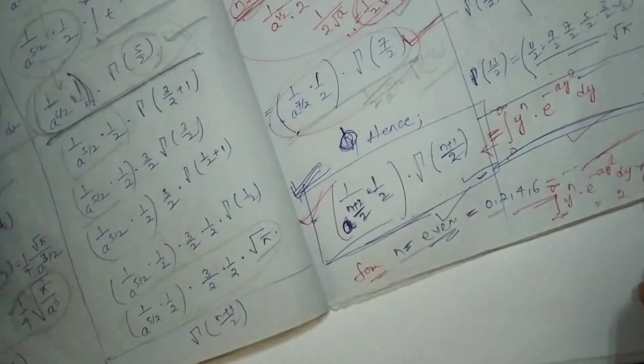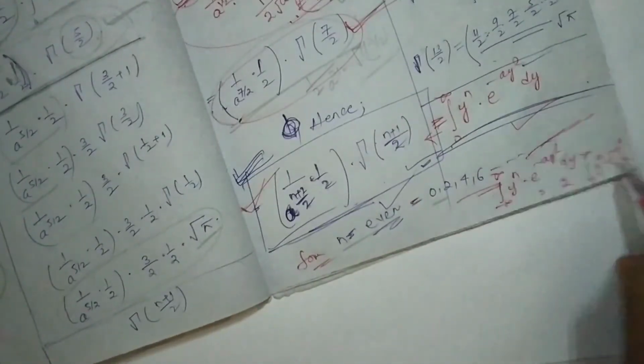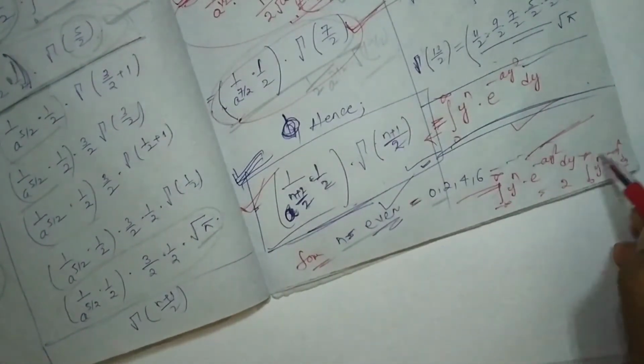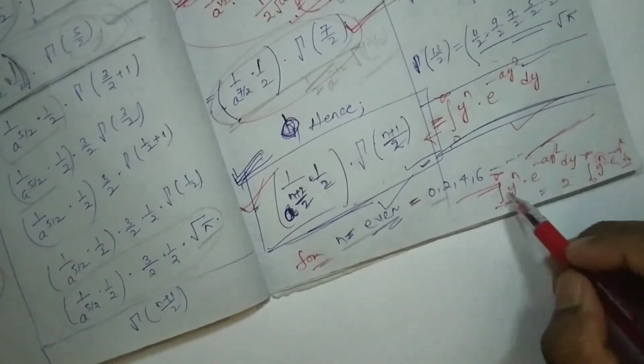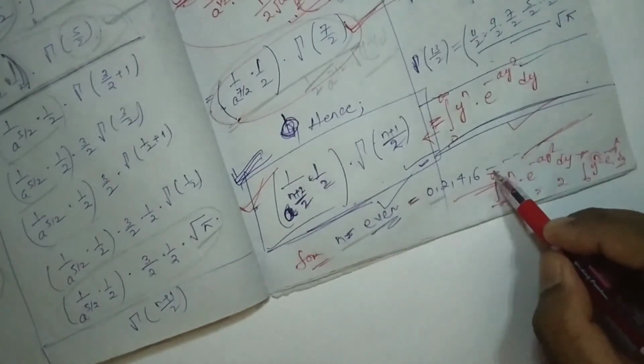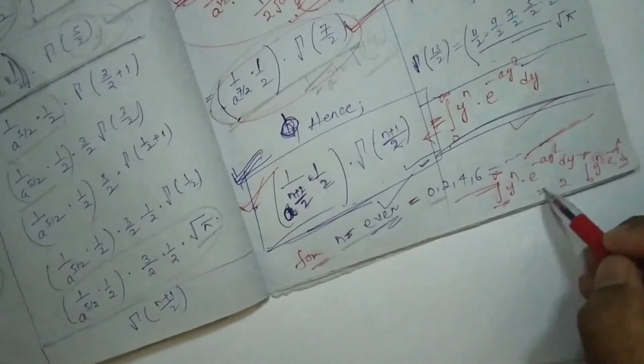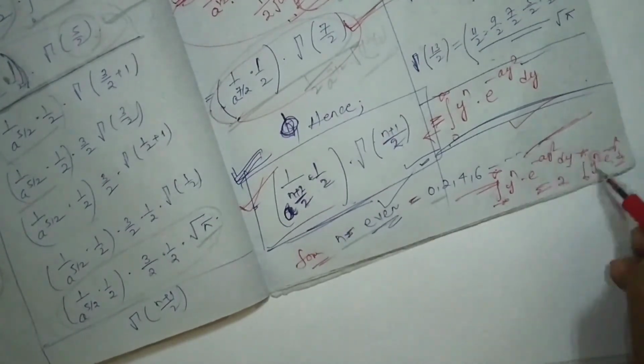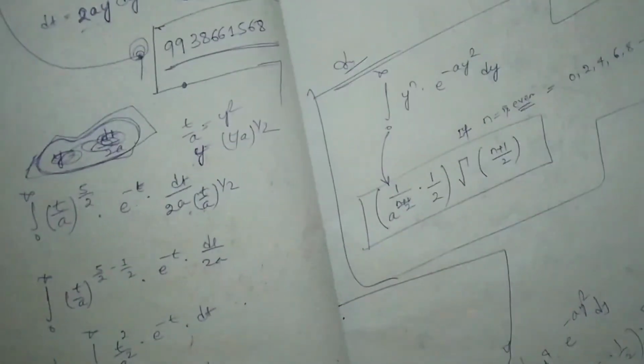That much you have to write also. And here n is equal to even. So as n is even, the minus infinity to infinity will be converted to 2 into 0 to infinity. In this format, you have to write this somewhere in your note, because this integral is always useful in solid state physics and in quantum mechanics.